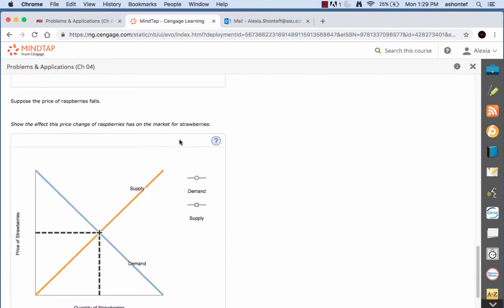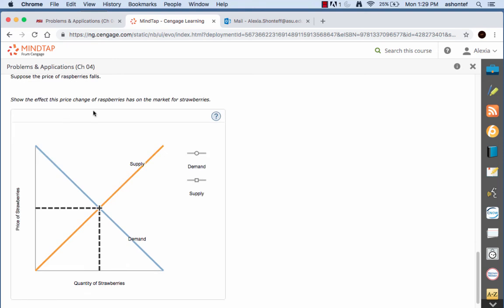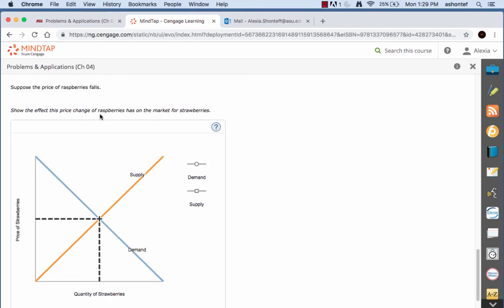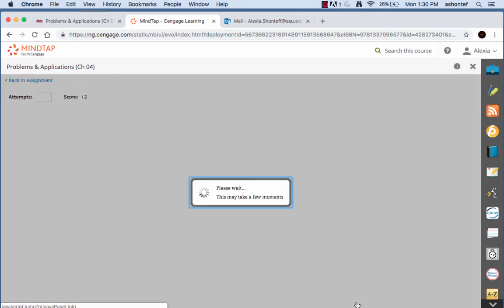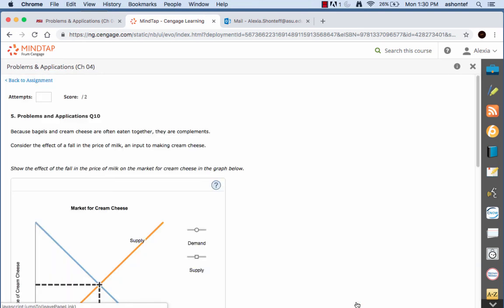I'm just going to tell you, on the exam I would tell you, but you want to assume that raspberries and strawberries are substitute goods. So when the price of raspberries falls, what is going to happen to the strawberry market is how you want to answer this. So again, on that question, assume that they're substitute goods in order to get that one right.